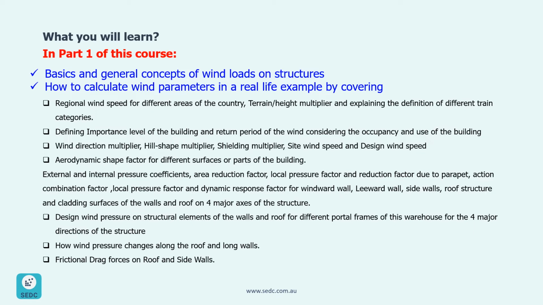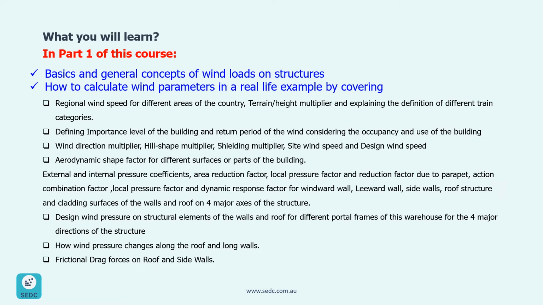I will also explain about aerodynamic shape factor for different surfaces or parts of the building. Calculating aerodynamic shape factor requires calculating the external and internal pressure coefficients, area reduction factor, local pressure factor, action combination factor, permeable cladding factor, and dynamic response factor.